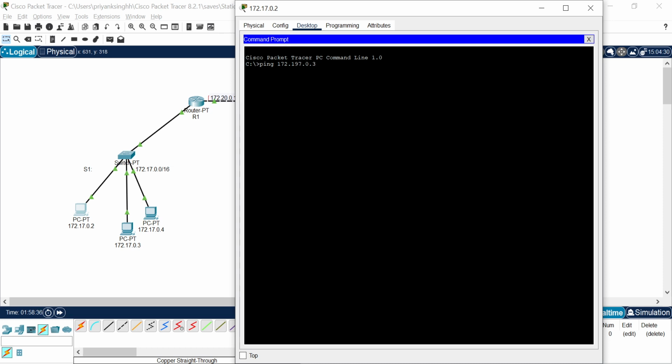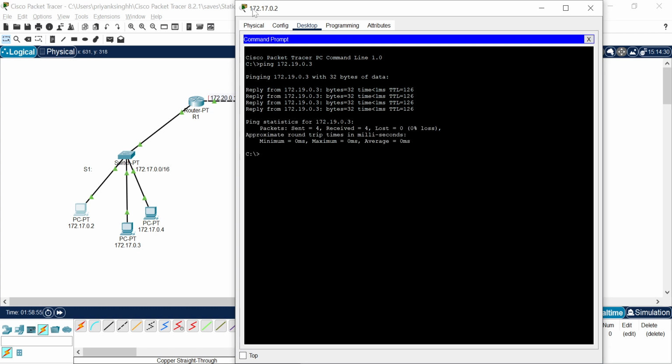I have selected 172.19.0.3 as a destination IP address, that belongs to the third network, that is 172.19, from my source, that is 172.17.0.2. I am able to ping this IP address from my first network PC. It indicates that I am successfully connected to the third network system.